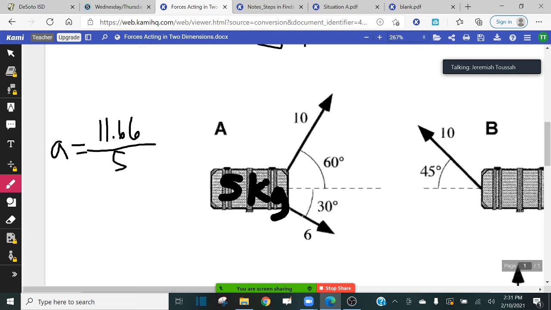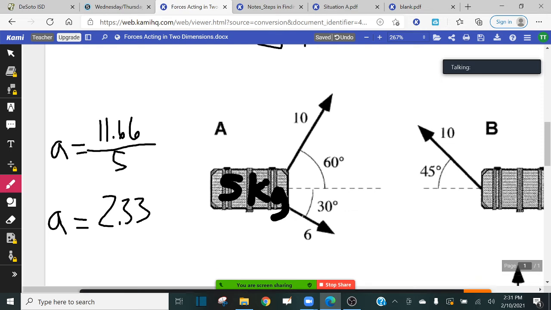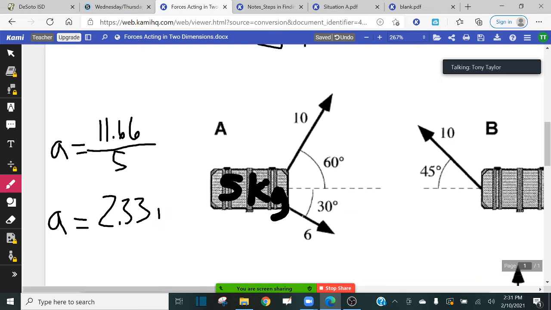It's going to be 11.66 over 5. I got 2.33. Yes, sir. And yes, ma'am. And Stephanie. Guys, please don't forget to put your units for acceleration. Acceleration is in meters per second squared.